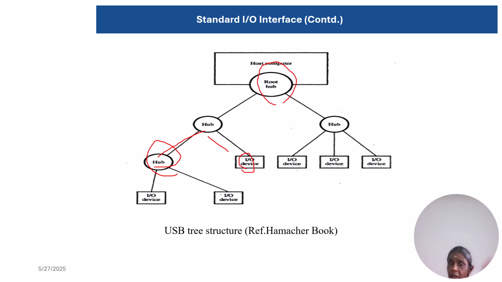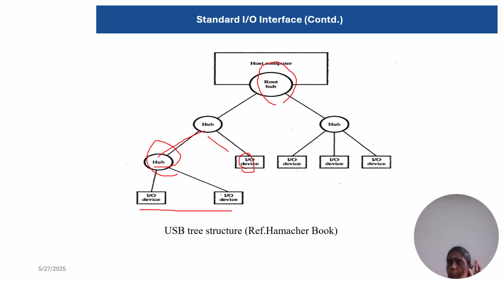It may also branch to two IO devices. See, the first root hub is divided into two hubs only.